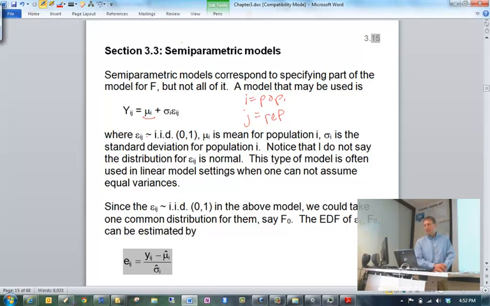Mu sub i, the mean for population i, plus sigma sub i, the standard deviation for population i, times a random error term called epsilon sub ij, where we define epsilon sub ij as IID (0, 1), mean 0, variance 1. Notice I'm not saying a particular distribution, though. Thus, this is why this is semi-parametric.